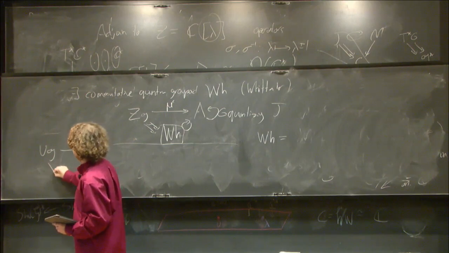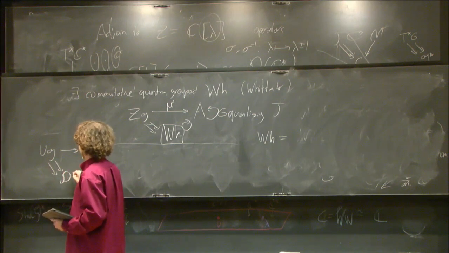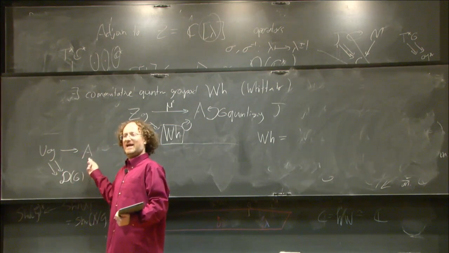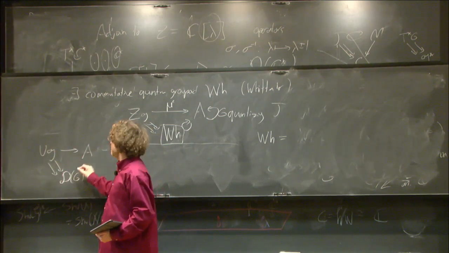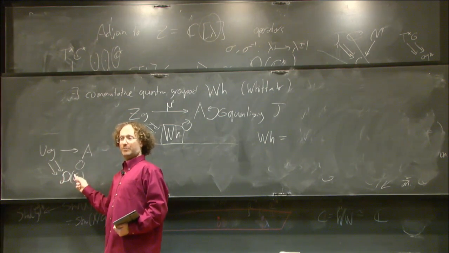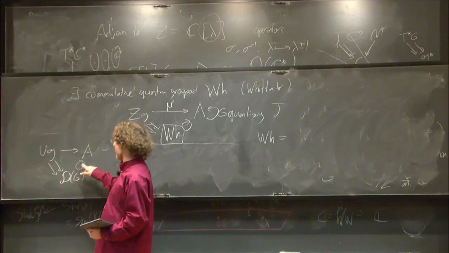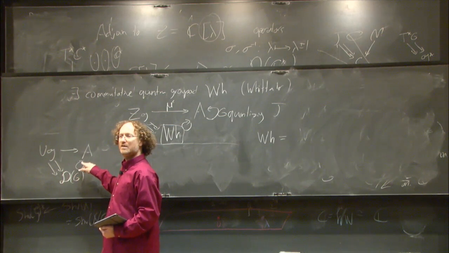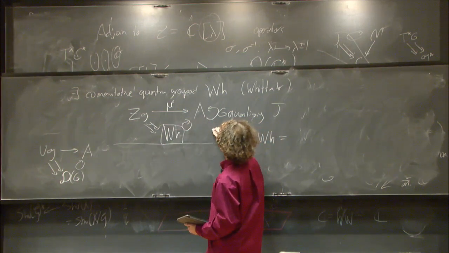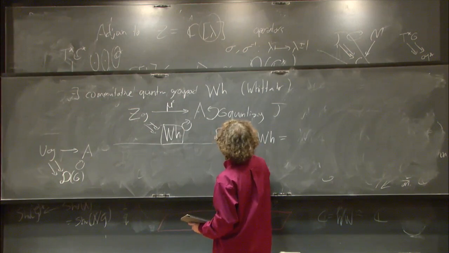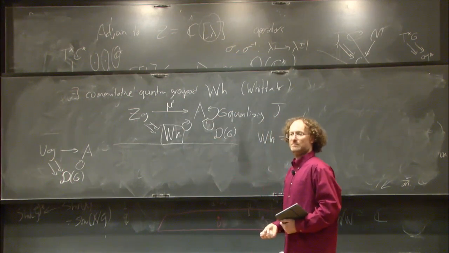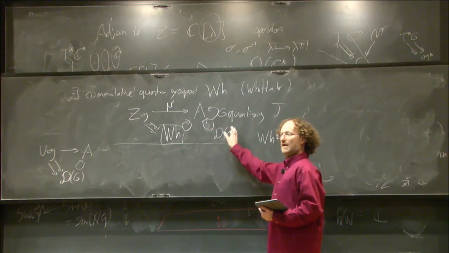One way I encoded a quantum Hamiltonian G space is that, instead of saying it in terms of the more natural way, which is saying you have a group and its action on a moment map, you could have said there's this Hopf algebroid, which is just differential operators on the group. And so you could just say there's an action of this Hopf algebroid on A. So the claim is that whenever you have such an A, there's a commuting action of this Whittaker beast for any of these guys.